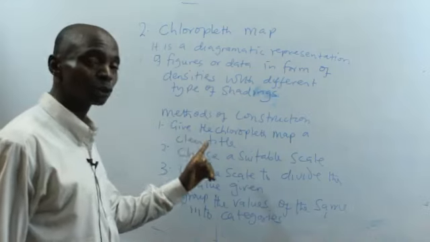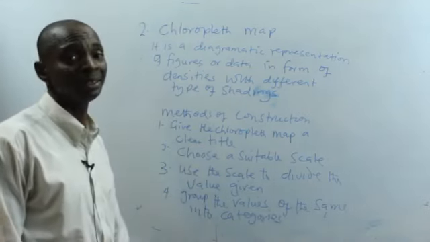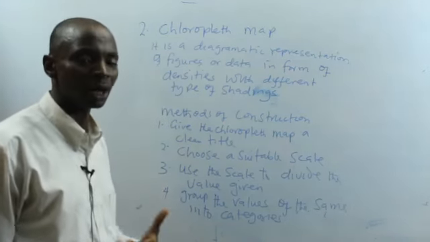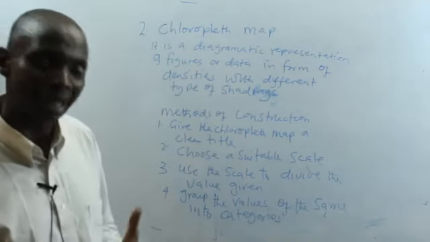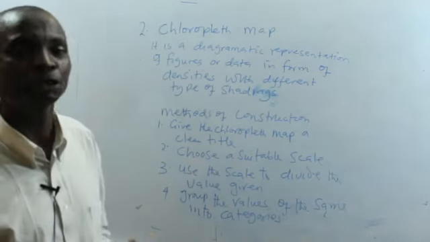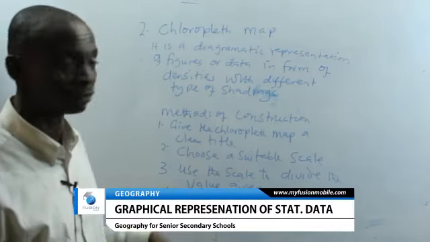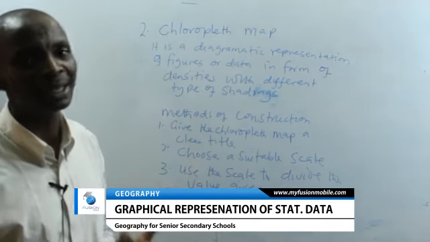The first thing you must know, you must give it a clear title, and this is very, very important. As an SS3 student, whenever you are writing an exam, test, or assignment, you should write with maturity. For instance, you are drawing a map of Nigeria or the map of Africa. You must give it a clear title.